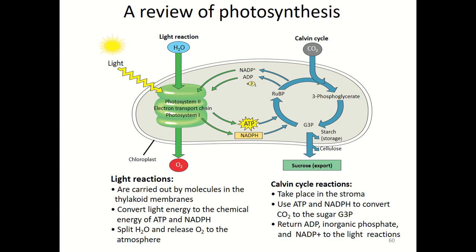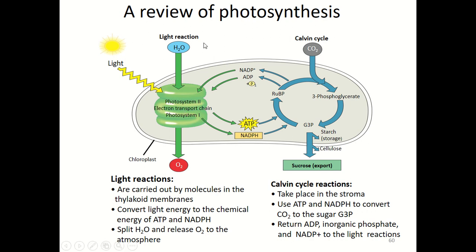So overall, this is the overview of photosynthesis, in which the light reaction will receive water and also the light energy from the sunlight, and the process is carried out by the molecules in the thylakoid membrane, which are photosystem 1 and photosystem 2.